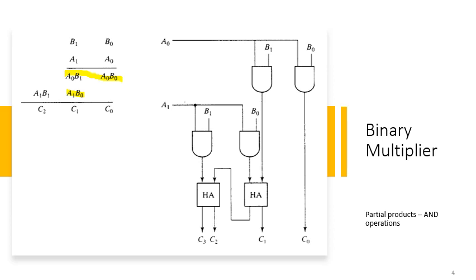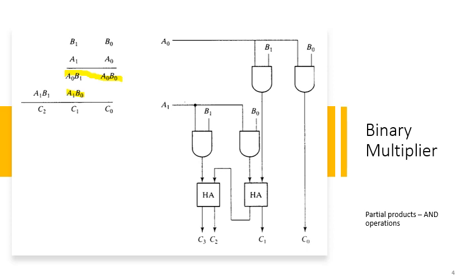Looking at the product terms in our result, C0 is the first product term. C1 is the addition of A0 B1 and A1 B0, and similarly C2 is A1 B1 plus any carry produced from the previous addition.